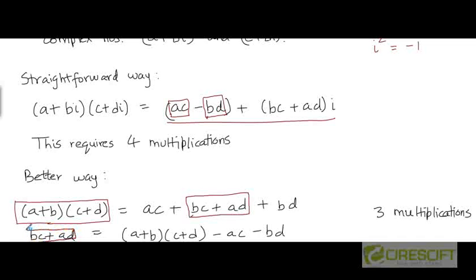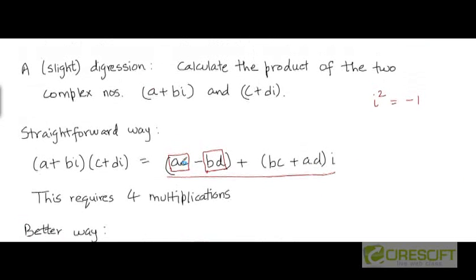We can directly calculate what it will be by taking the first product, subtracting the second product from it, and then subtracting the third product from it. So using just 3 multiplications, we can compute what bc plus ad is. We don't need 4 multiplications. We don't need to actually compute each of these 4 terms separately.